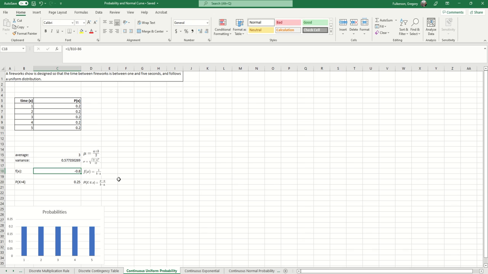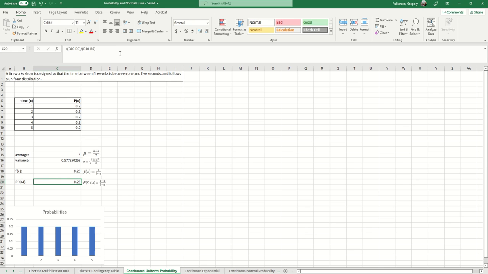Function of x is 1 over b minus a. So again, here we're looking at 1 over b10 minus 6. Let's use parentheses to protect order of operations. That does change the value there, so 0.25. And then the probability x is greater than 4 is another thing we're looking for here.